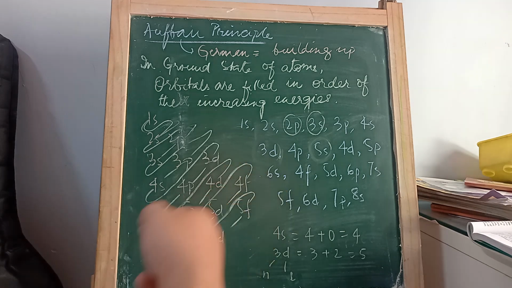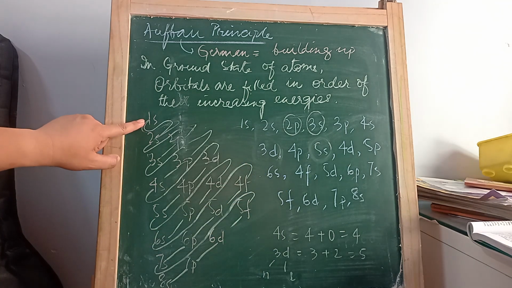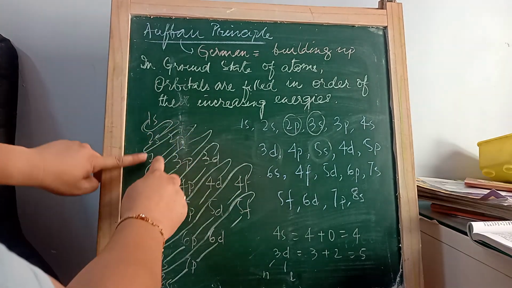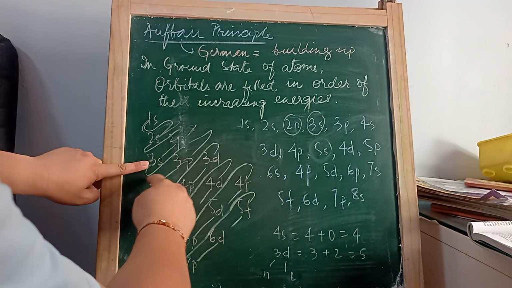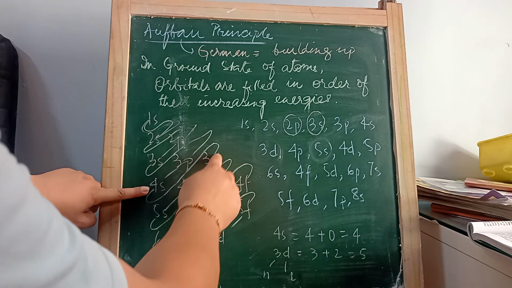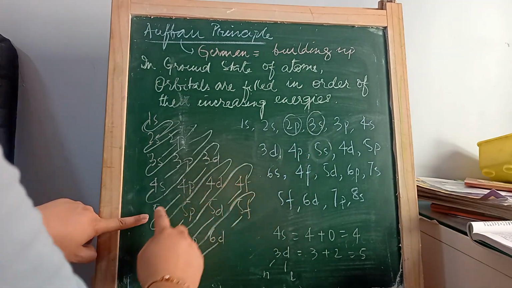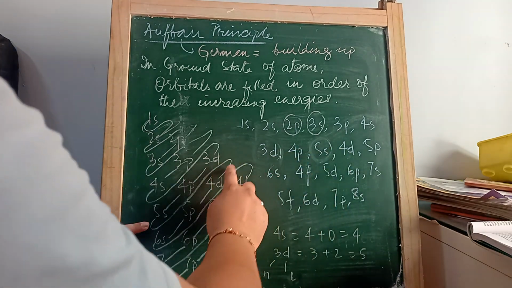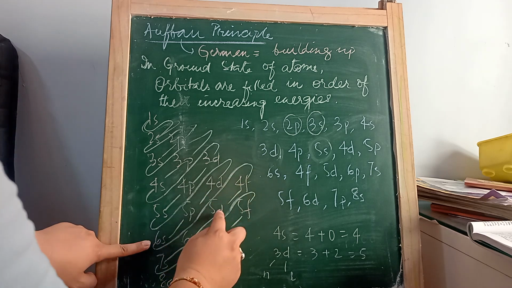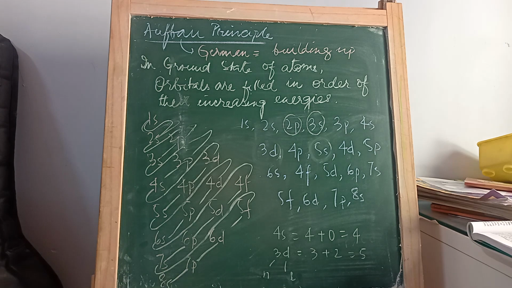As per the rule described, the first orbital to fill will be 1s, then 2s, 2p, 3s, 3p, 4s, 3d, 4p, 5s, 4d, 5p, 6s, 4f, 5d, 6p, 7s, 5f, 6d, 7p, and 8s.